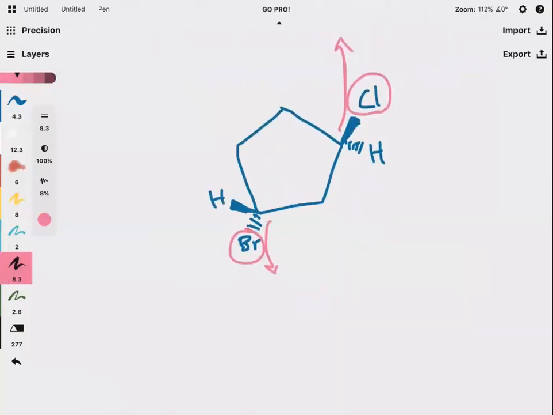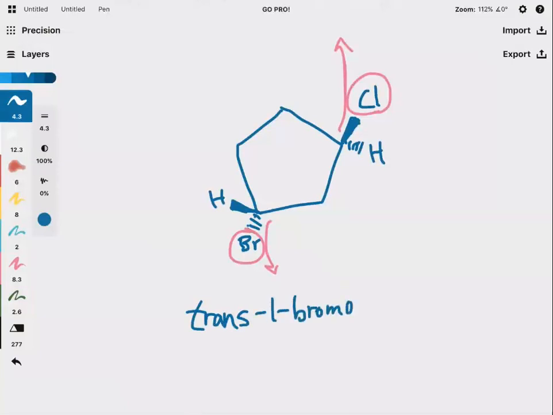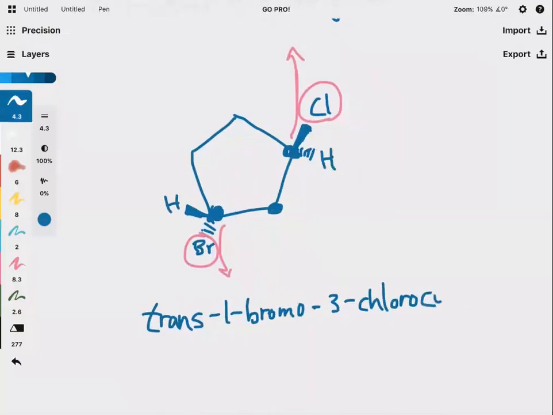So because they're opposite in direction, we're going to say that this is trans-1-bromo. There's carbon 1, there's carbon 2, and there's carbon 3. So 3-chlorocyclopentane.